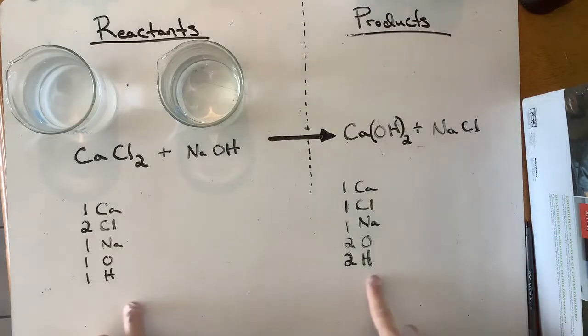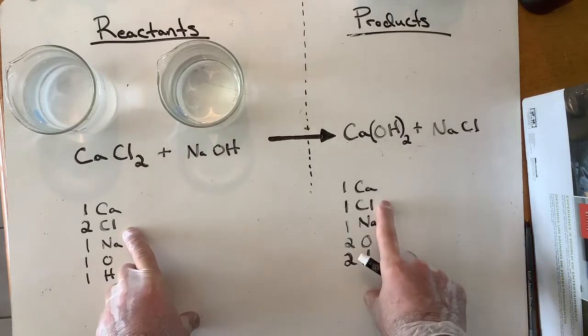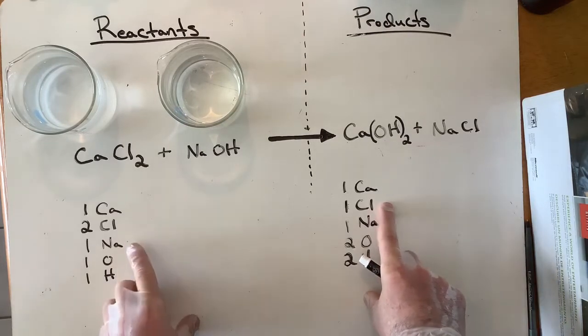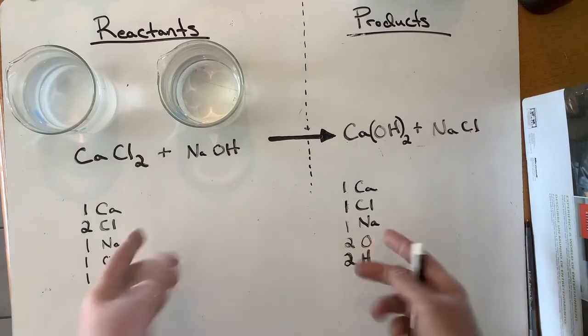Does it look like I've got the same number of each element on my reactants and my products? Doesn't look like it. Over here I've got 2 chlorine atoms. Here I've got 1 chlorine atom. Here I've got one oxygen atom. Here I've got two oxygen atoms. So what happened here?